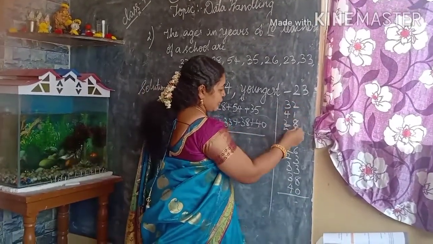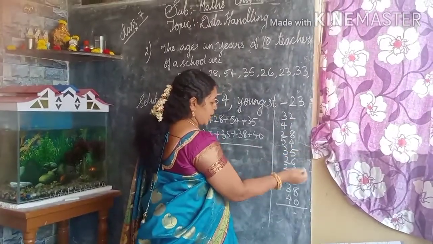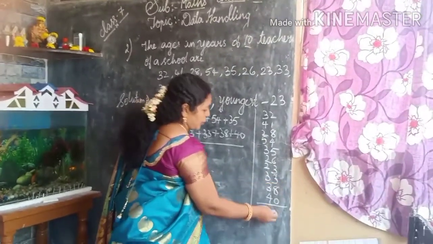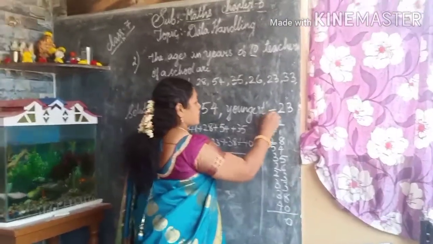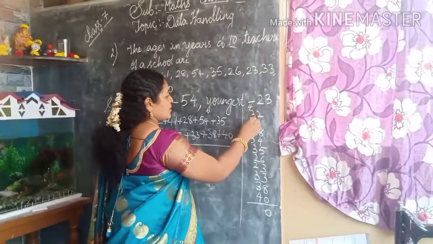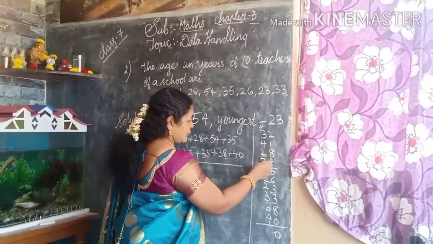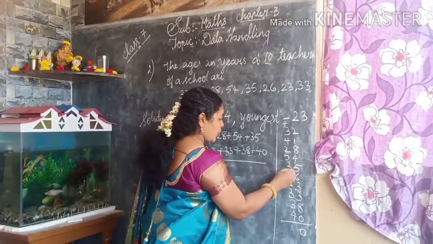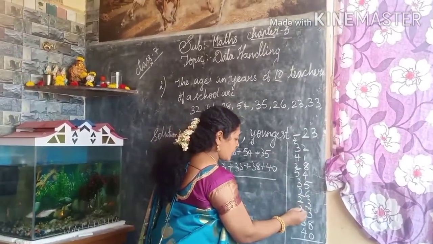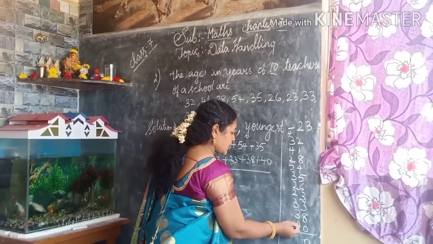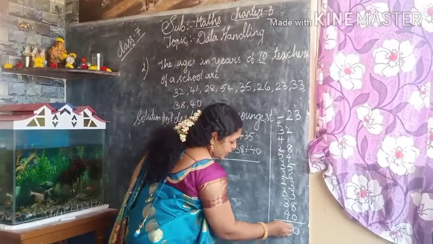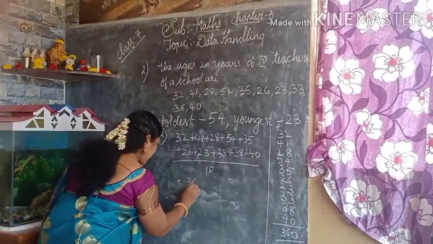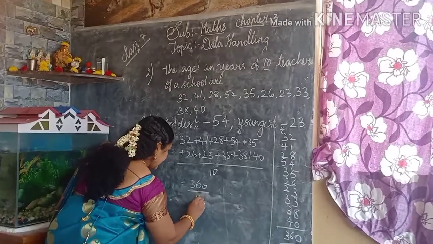So we get 360 here. So this 360 you divide by 10.